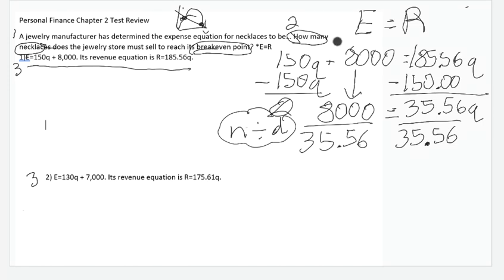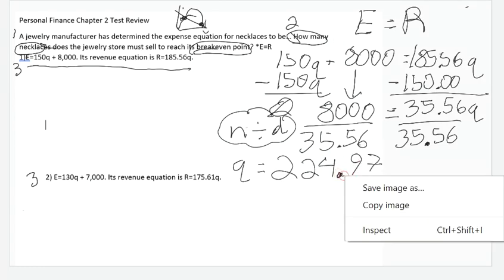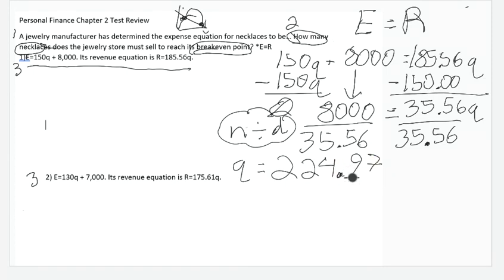I got for Q that it's equal to 224.97. Remember, we normally would round to the hundredths place, except this is an item. If it's 5 and up, we round it up. So we're going to round it up to 225 necklaces. So to reach their break-even point, they'd have to sell 225 necklaces.